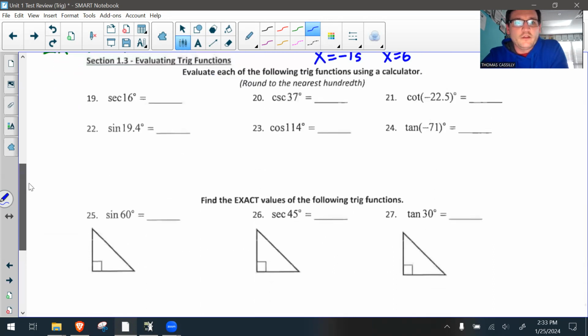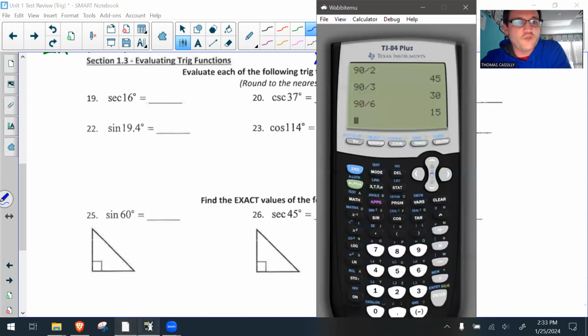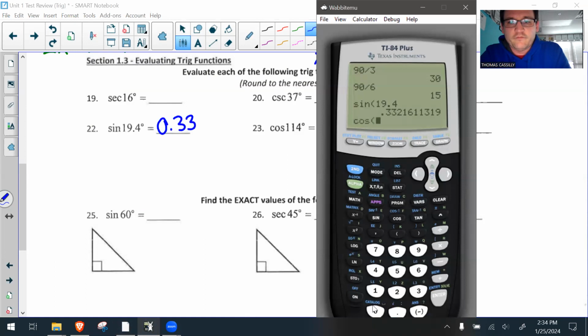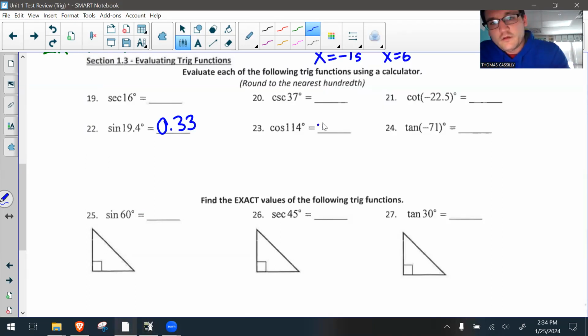All right, let's see, a couple more. Don't overcomplicate these. I'm going to start with the bottom row. Type them directly into your calculator. The sine of 19.4 is 0.3321. They want us to the nearest hundredth. That's 2 decimals, so 0.33. The cosine of 114 is negative 0.41.